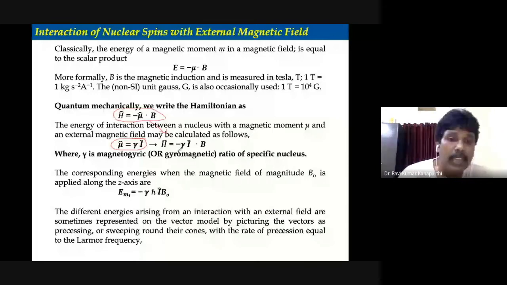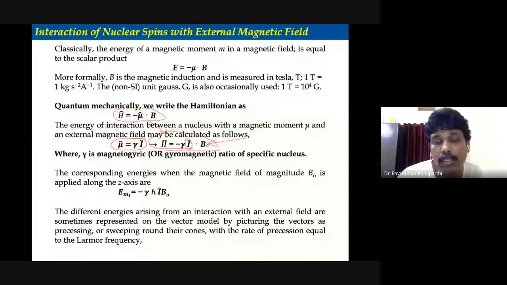Since the operator is related to the atomic nucleus spin, you can see that I is the nuclear spin. The Hamiltonian is expressed in terms of nucleus spin, and B is a constant at a given magnetic field.